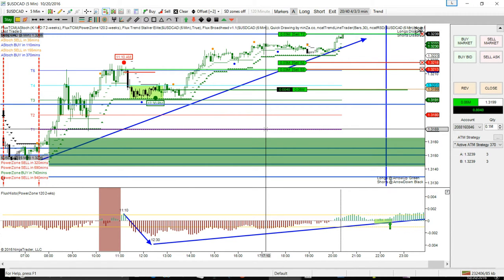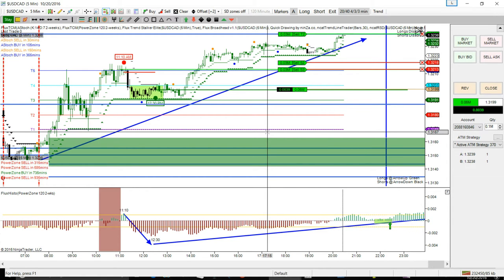Here we go, traders. 40 pips, both move up, but we still did not take out the target. Okay, now this should push it right up against it.